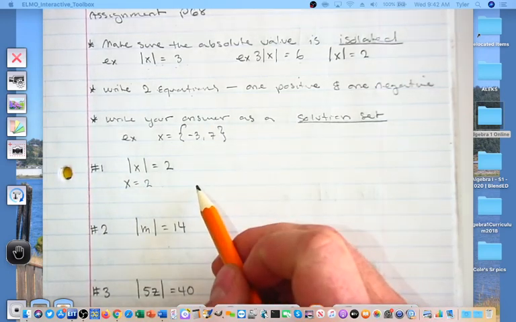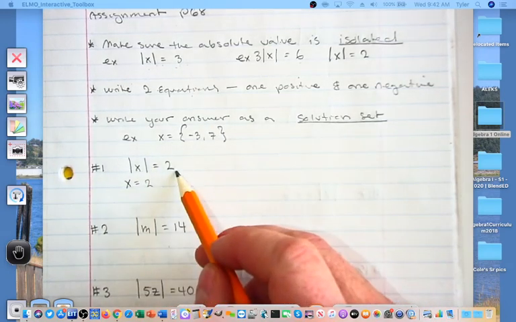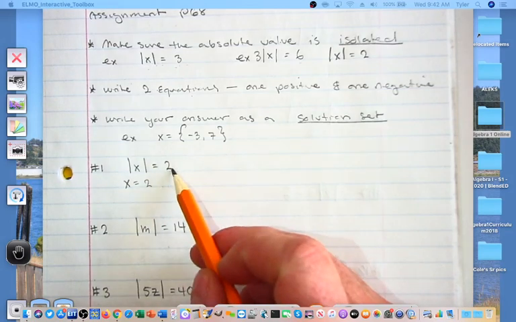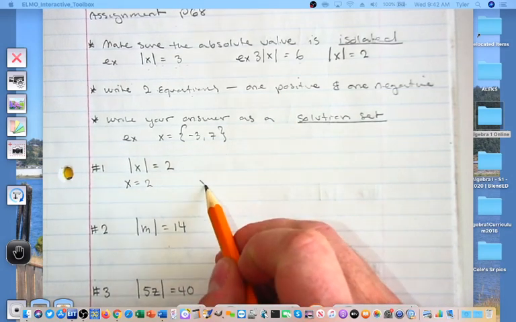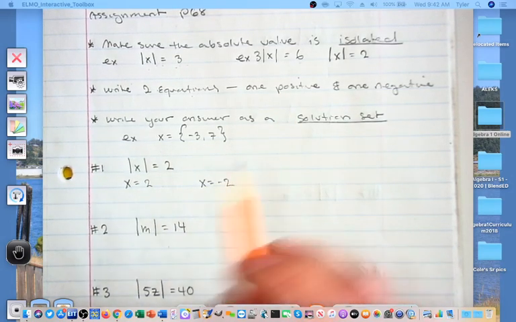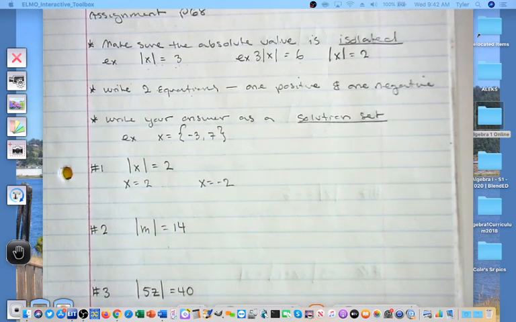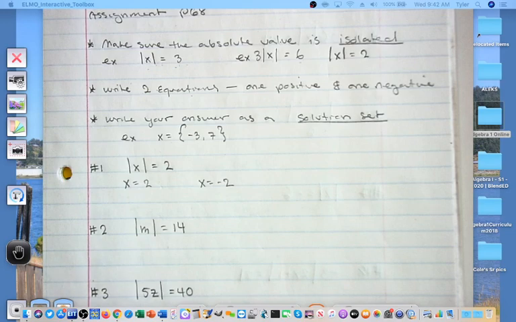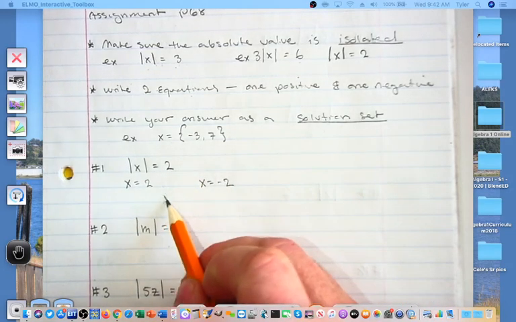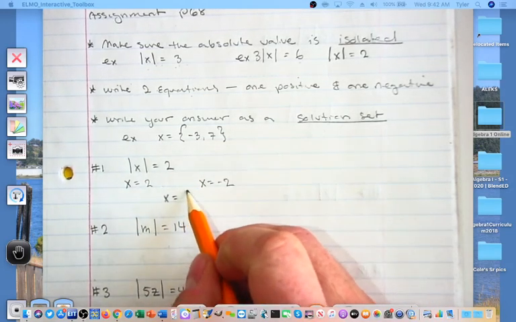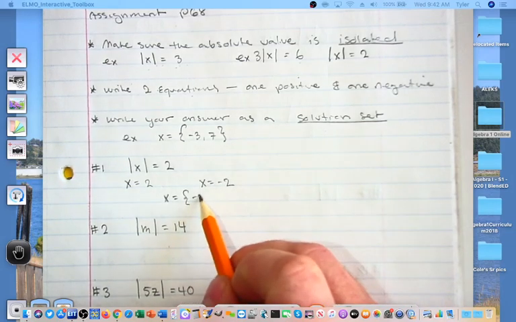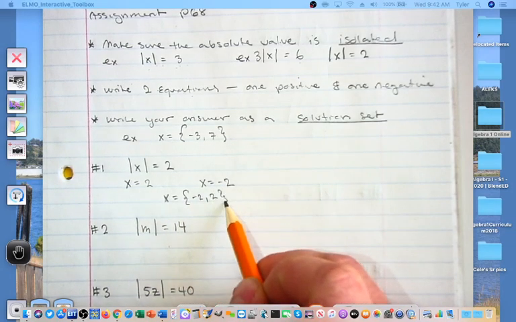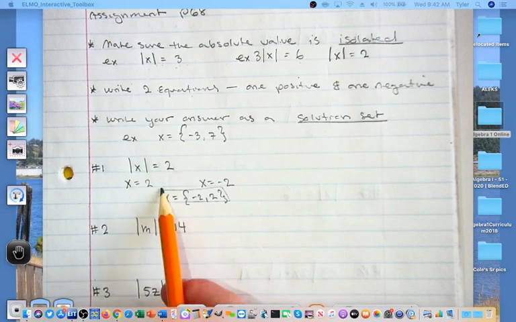My other equation will be the same thing that's written here with no absolute value signs, except I will make the 2 negative. So x is equal to -2. In these very simple examples, there's nothing we need to do further to solve for x, and so all we have to do is write our answer as a solution set. X is equal to the solution set, -2 followed by 2, putting them in order from lowest to highest.